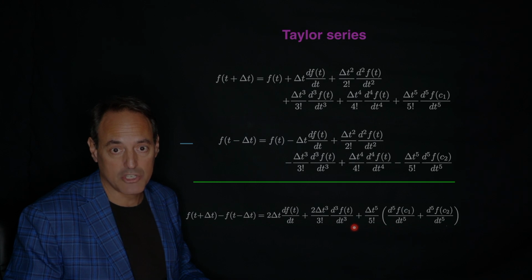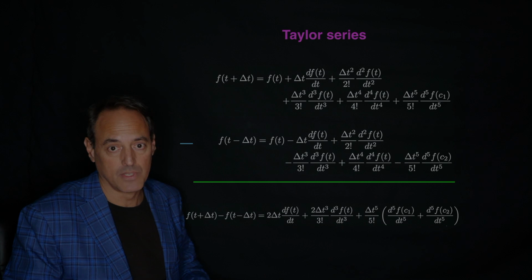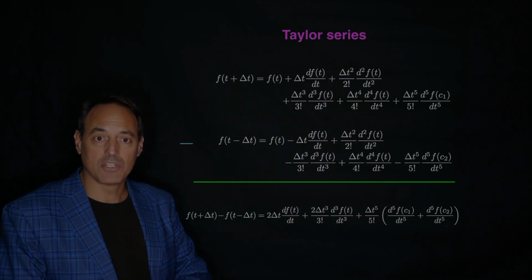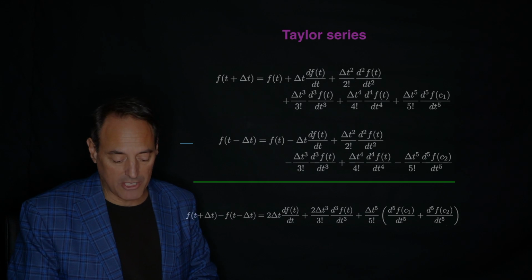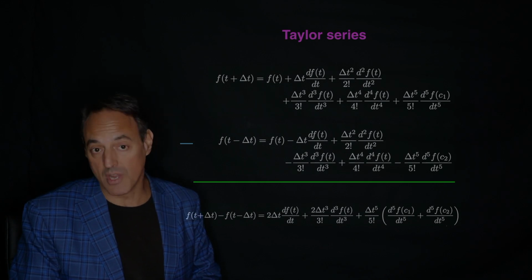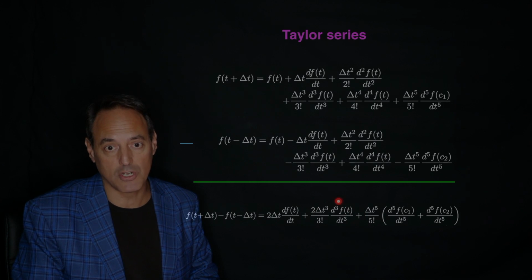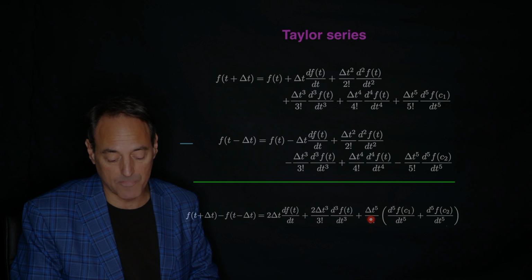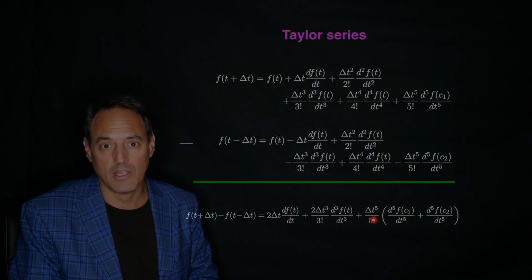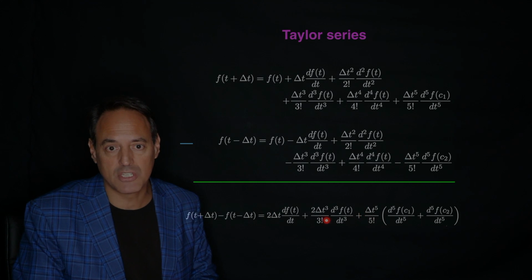What I'd really like is to get rid of this third derivative term. The trick in all these Taylor series methods is to find another expansion so that I can remove this term, because what is in front of the remaining term is delta t to the fifth, and my error is pushed way smaller.